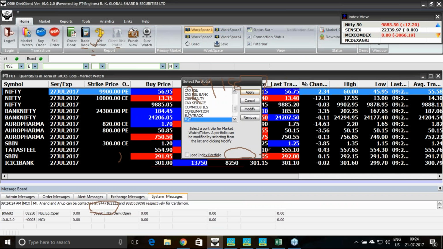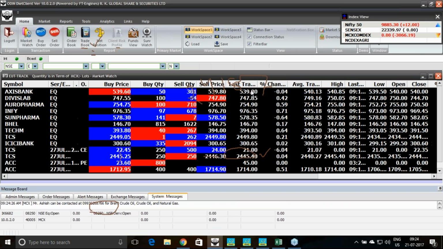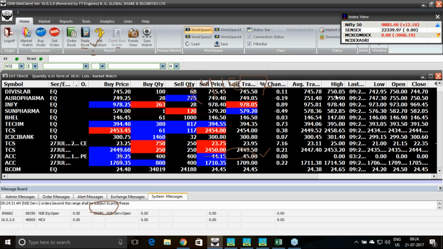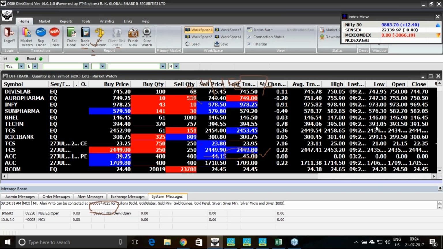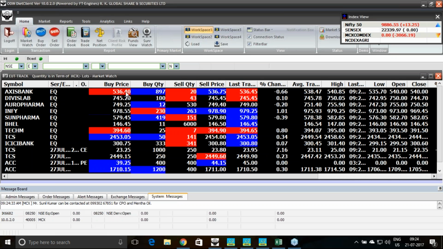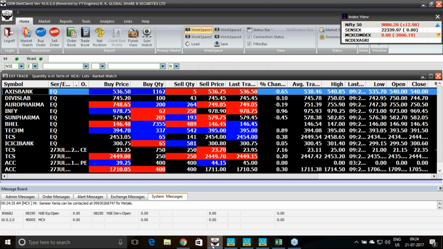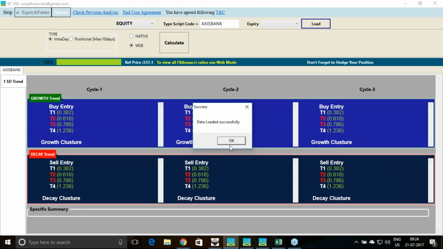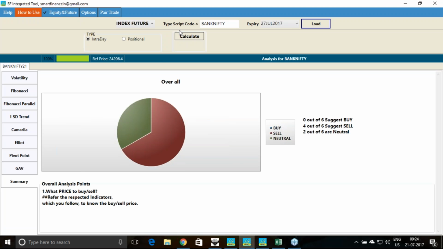Now moving to the other part of my analysis, where we will do 2 equity analyses and 2 stock future analyses. So for the 2 equity analyses, let us take the same Axis Bank. Yesterday we had taken Axis. So I am taking equity, Axis Bank, I am loading the data, and I will go for calculations in the 1 standard deviation.